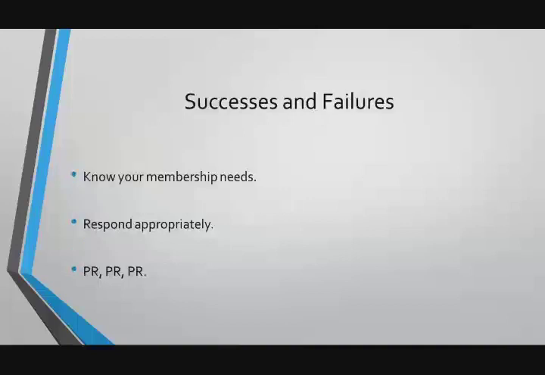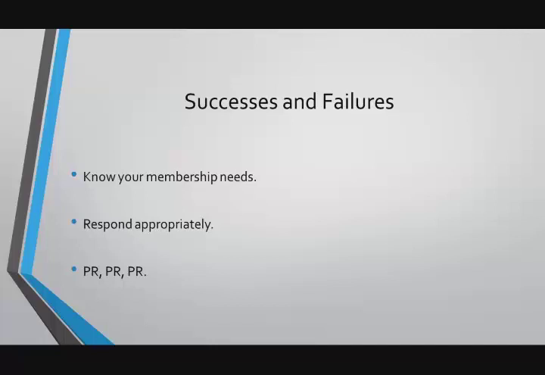Successes and failures. You need to know your membership needs. If your members need continuing education units, then that's what you need to do. If your members need you to develop a program where health educators are going to get compensated as third-party billers with insurance companies, then you need to work on that.